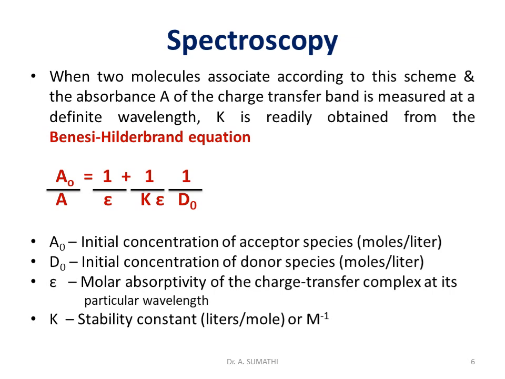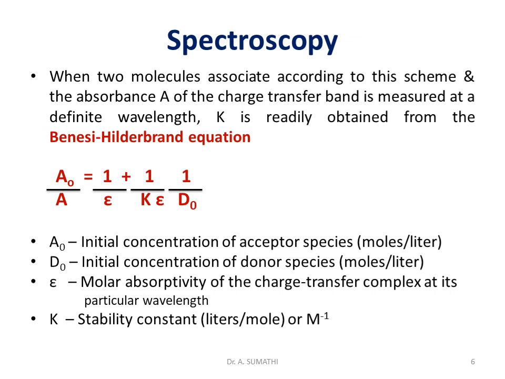In this equation, A naught is the initial concentration of the acceptor species, D naught is the initial concentration of the donor species, and epsilon is the molar absorptivity of the charge transfer complex.